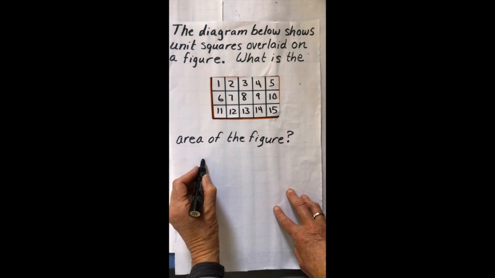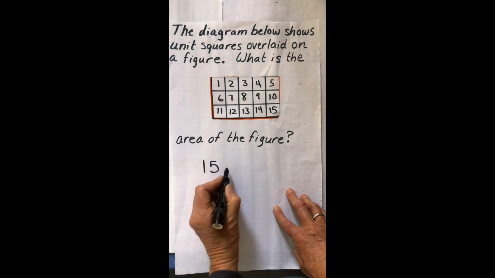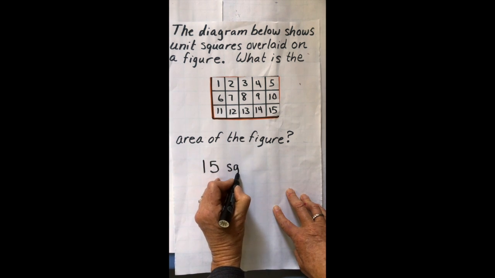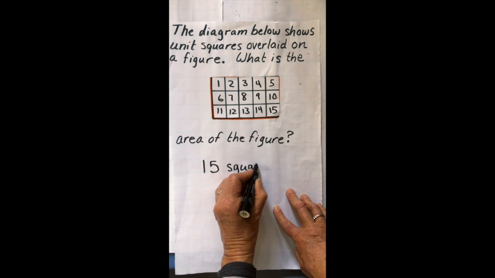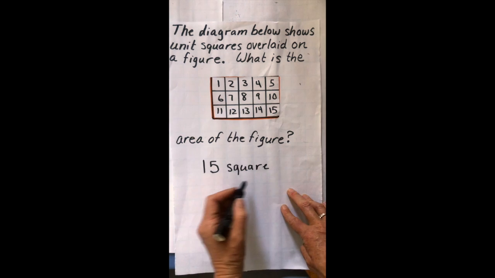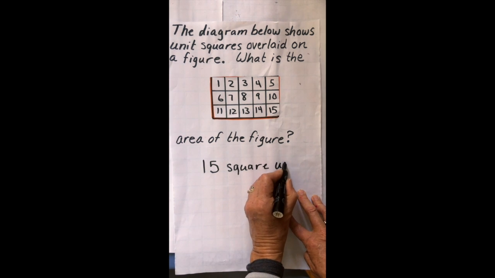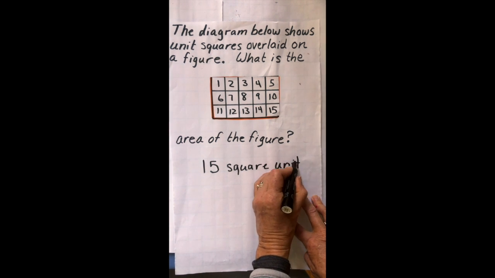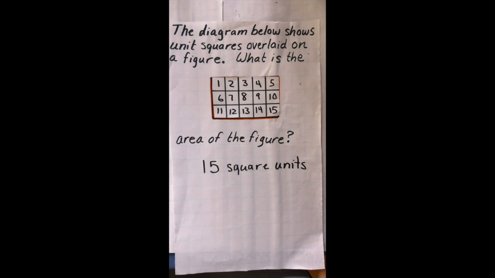Now, we know there are 15 squares, right? But square what? Square feet, square inches? Looks like they didn't label it, so they must just be square units. Remember, we just write units if they didn't tell us what they were.